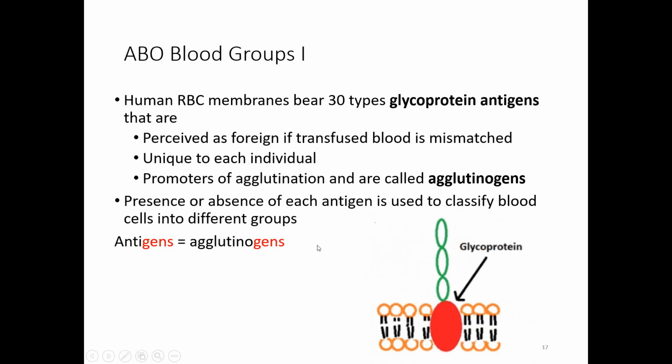That's only when we are talking about different types of red blood cells and those glycoproteins on their surface. There are two terms that can be used. We can call them antigens or we can call them agglutinogens. Same thing for red blood cells. So presence or absence of each of those antigens is used to classify blood cells into different groups.